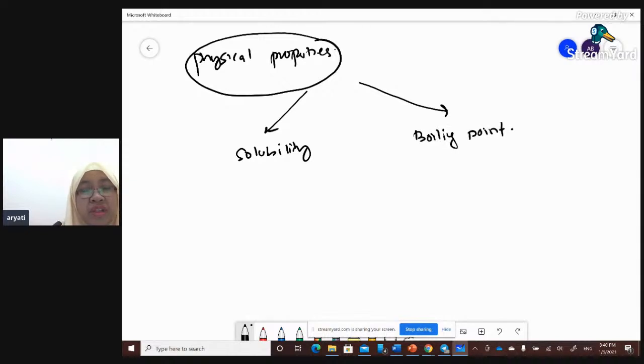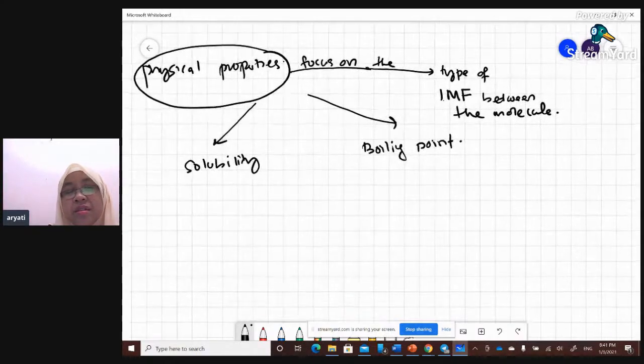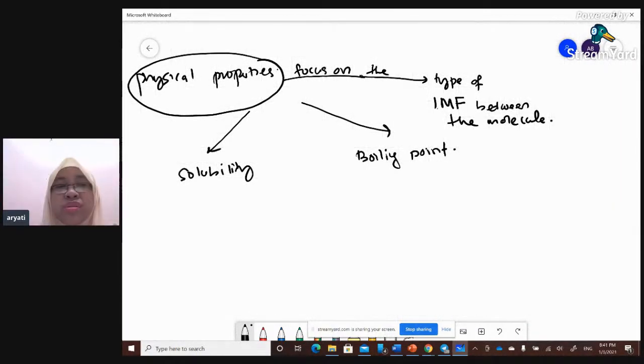When we discuss the boiling point, we will focus on the type of intermolecular attractive forces, IMF, between the molecules. Actually, this one is just some revision from semester 1.